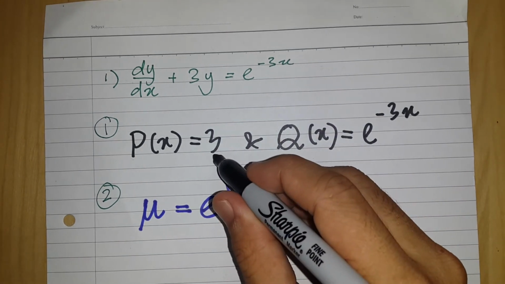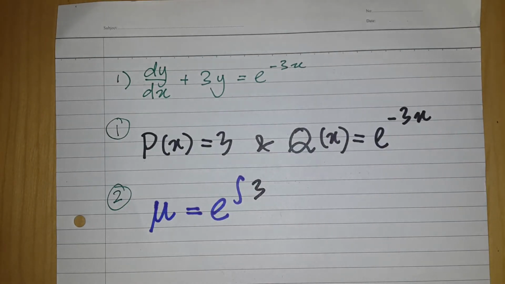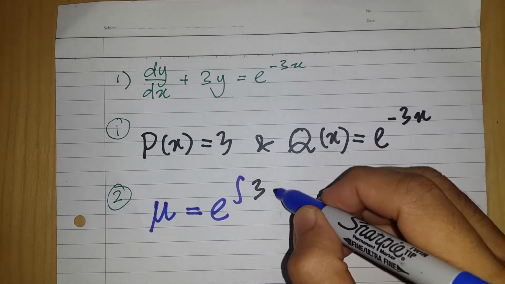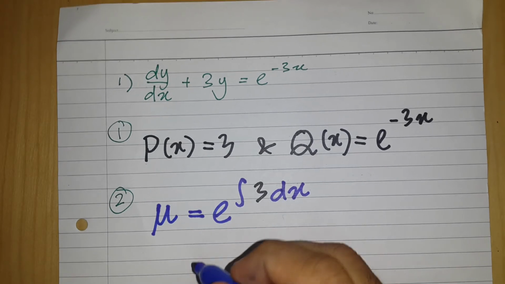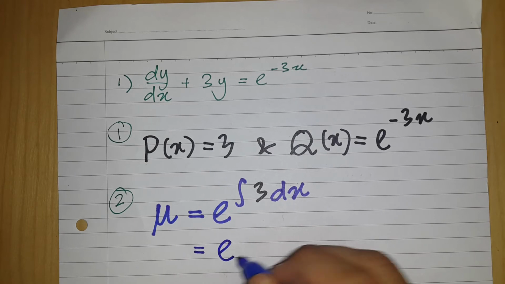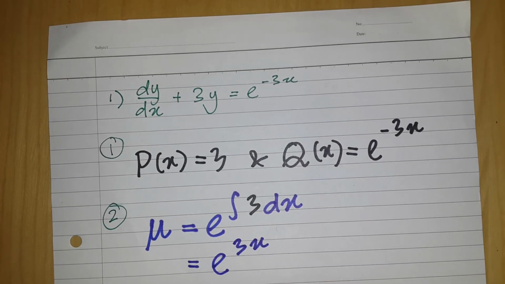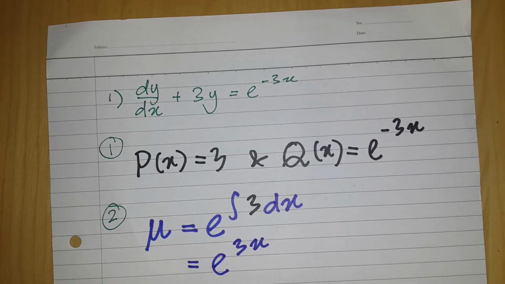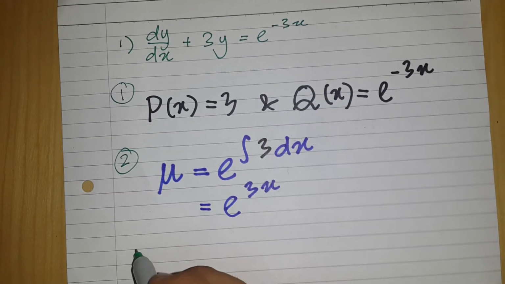Our P(x) is equal to 3, so 3 dx. We are going to integrate 3 with respect to x, so we are going to get e to the 3x. And now we have our value of mu, the integrating factor.